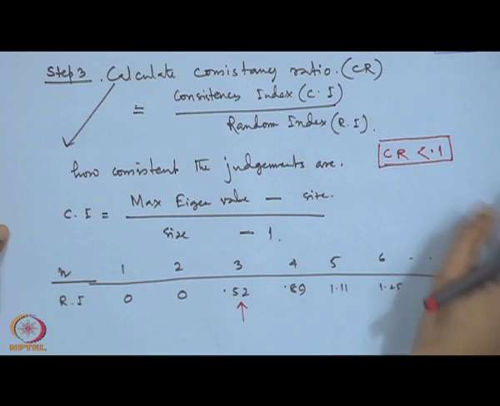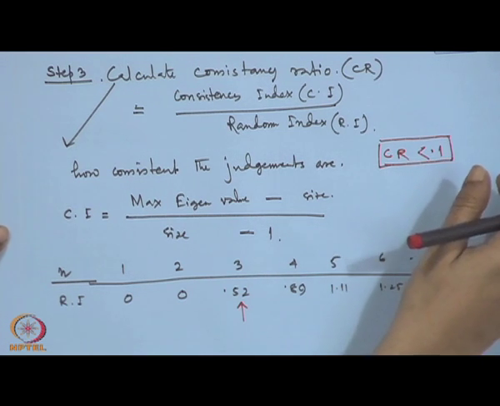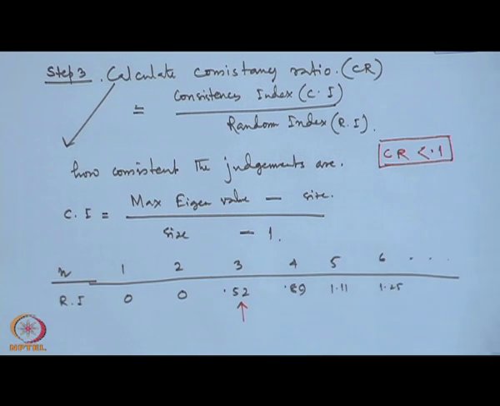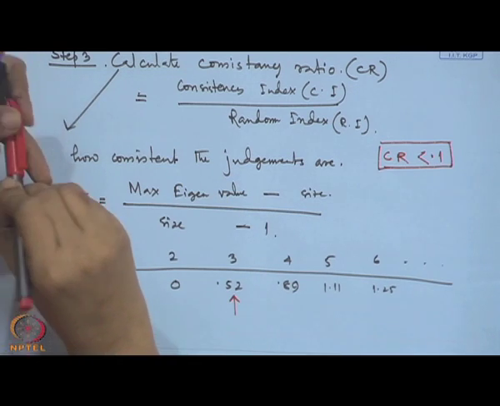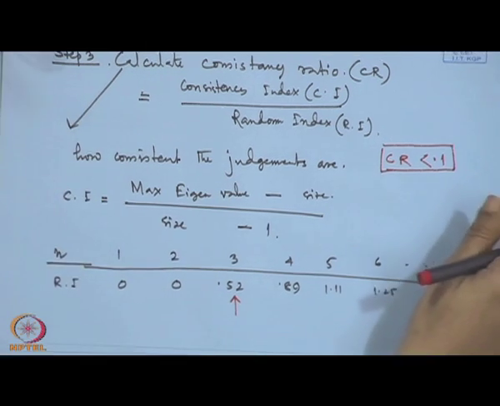Otherwise, we can say that if the CR value is more than 0.1, then the judgments are untrustworthy, and accordingly we have to revise the data set, revise the pairwise comparison information, and reconstruct the matrix. That is about the judgment about the information given.